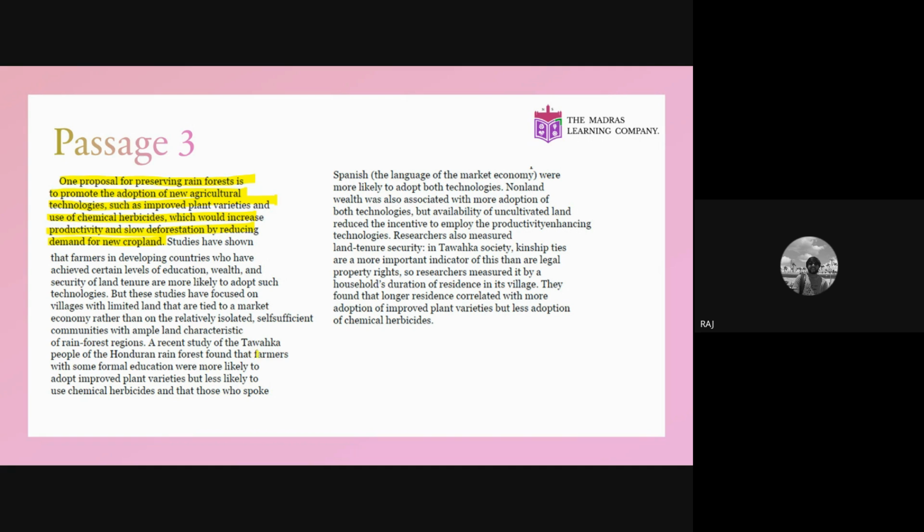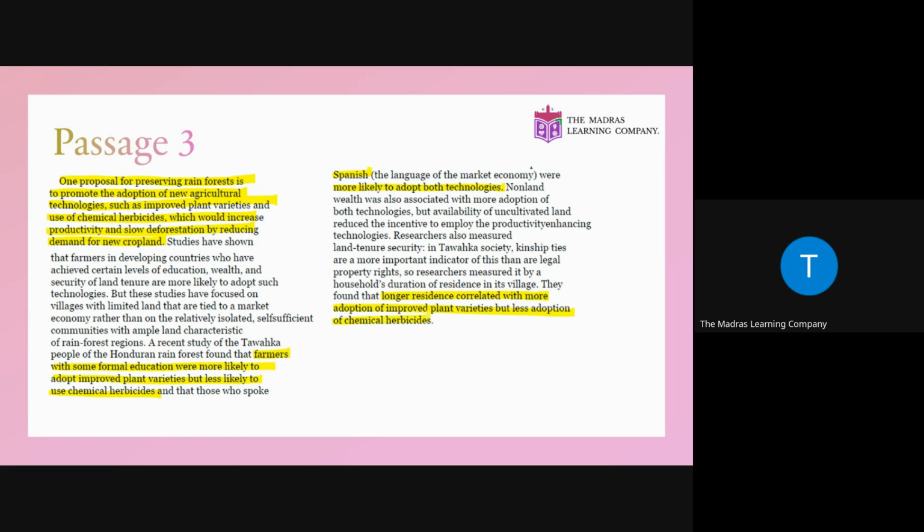And those who spoke Spanish were more likely to adopt both technologies. One more thing I found is that longer residence correlated with more adoption of improved plant varieties, but less adoption of chemical herbicides. So the last sentence again I read.